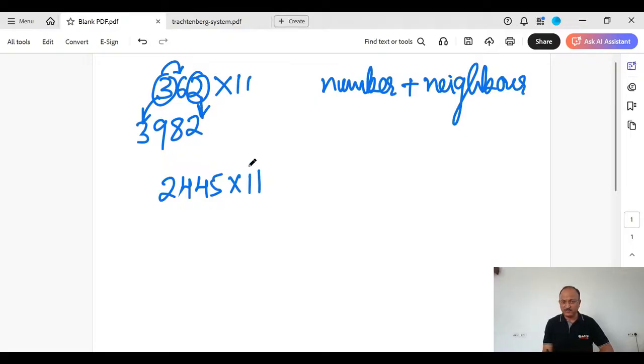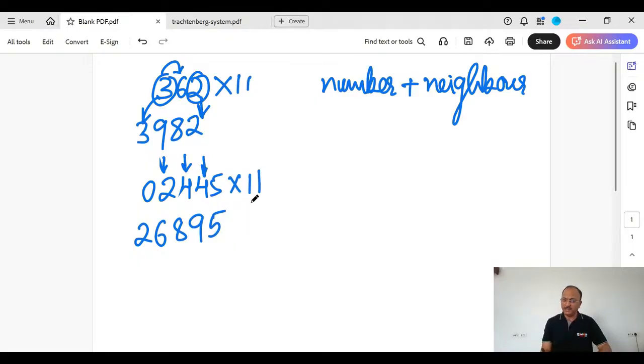Nothing is there, so 5 plus 0, it will be 5. Then 4 is the number and 5 is the neighbor. 4 plus 5 is 9. The next number is 4. Its neighbor is 4. 4 plus 4 is 8. The next number is 2. 2 plus 4 is 6. And for the last one, we always assume as if there is a 0 here. So the number is 0. What is its neighbor? 2. This is the answer.